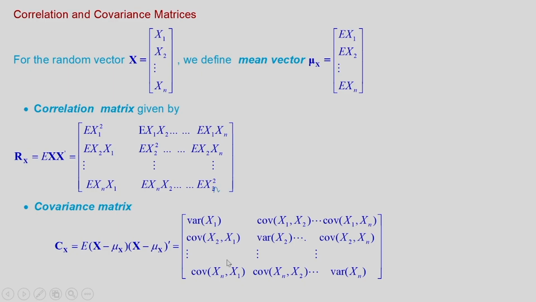So, that way we get a matrix with diagonal elements as the variances, variance of x1 here, variance of x2 here, variance of xn, and off diagonal elements are the covariance values. So, in the case of multiple random variables, the correlation structure can be expressed succinctly in terms of the correlation matrix and the covariance matrix.